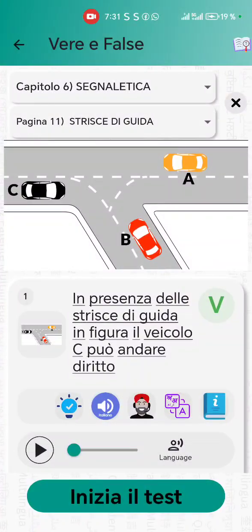Now, we are still going to talk about linea discontinua. On this road, vehicle C has the right to go straight. It has the right to take the bend and enter the left side where the red vehicle comes from.